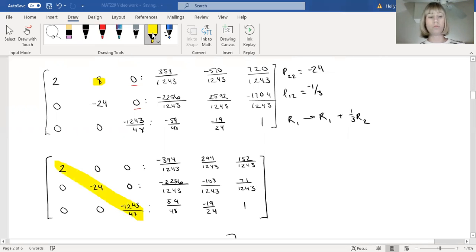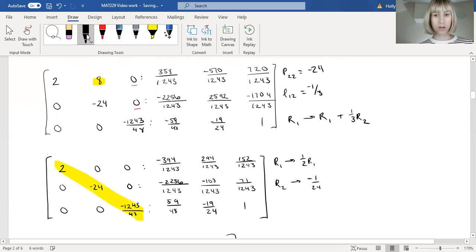Okay, great. So now that we have this in a diagonal form, now we need to reduce these diagonal values into 1. Okay, so how are we going to do that? Each row is going to have its own specific operation. So row 1 is going to be multiplied by 1/2. Row 2 is going to be multiplied by negative 1/24, 1 over 24, excuse me. And row 3 is going to be multiplied by negative 48 over 1243.